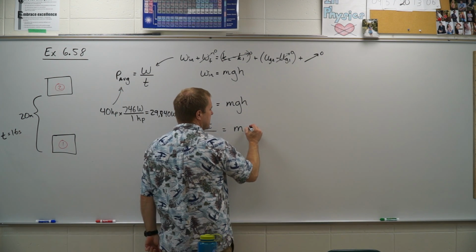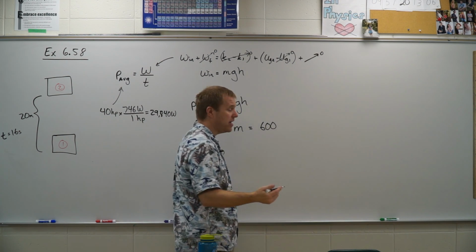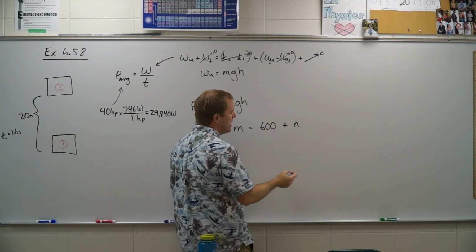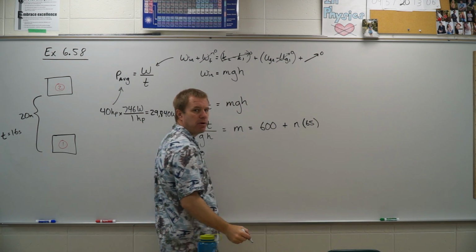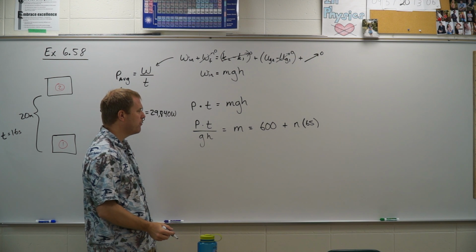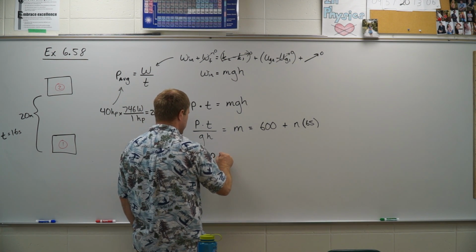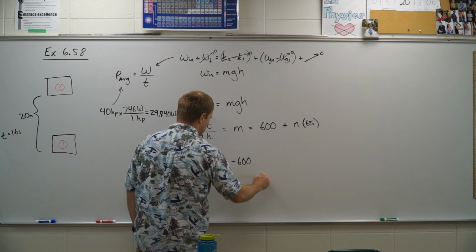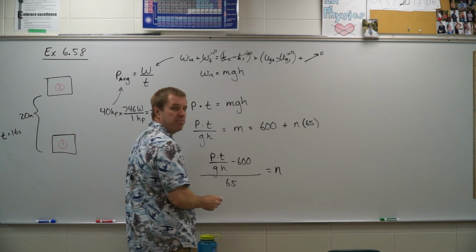Now the mass, on the other hand, is 600 kilograms, that's the elevator, plus the people. There's some number of people, I'll call it N number of people, times 65 kilograms a person. So now I just need to solve for that N value. Power times time divided by GH minus the 600, all divided by the 65, will give me the number of people.